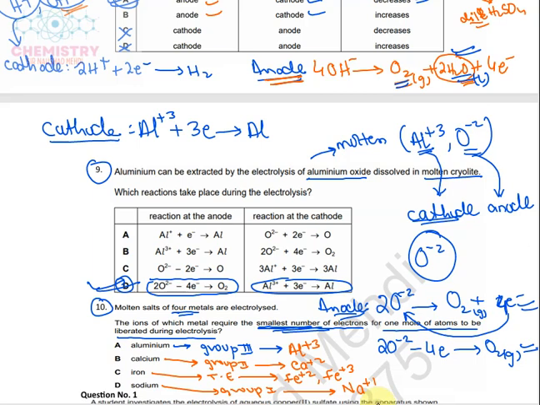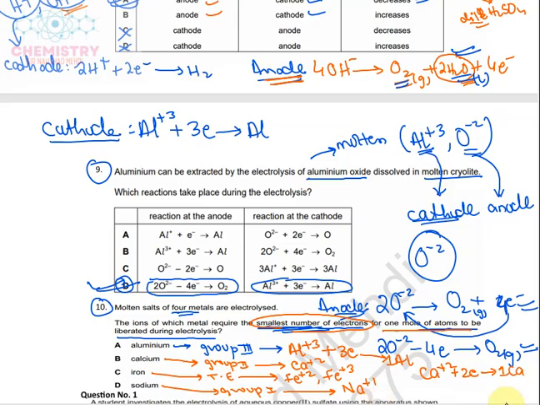So they are asking in the question which metal ions require the smallest number of electrons for 1 mole of atoms to be deposited. If you want to deposit the aluminium ion, Al+3, how many electrons would be required? Since the charge is plus 3, it needs 3 electrons to deposit 1 mole of aluminium. Similarly, calcium has a charge of plus 2, so it needs 2 electrons to deposit 1 mole of calcium.